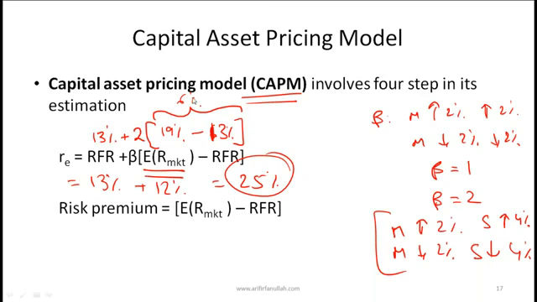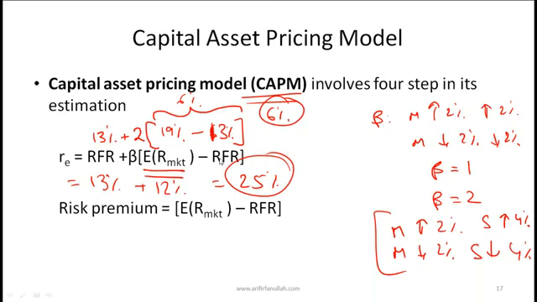Another interpretation of this market risk premium, so the market risk premium of 6%, this is the additional return that equity investors demand for taking the risk of investing in the stock market. In other words, by investing in risk-free government bonds, an investor could get 13%.